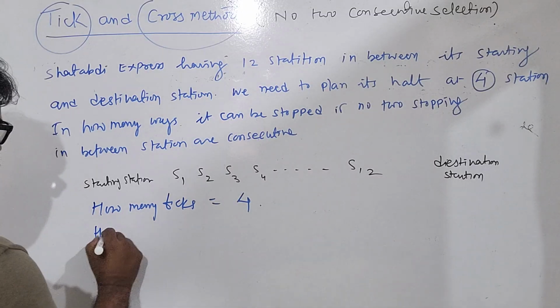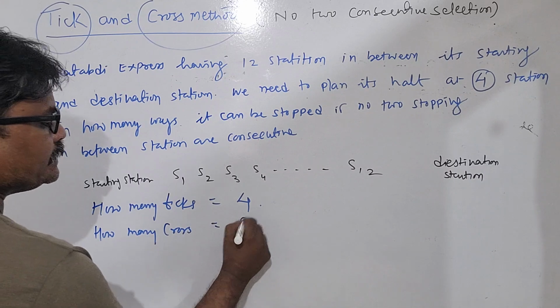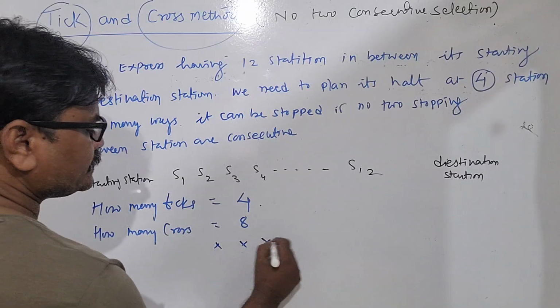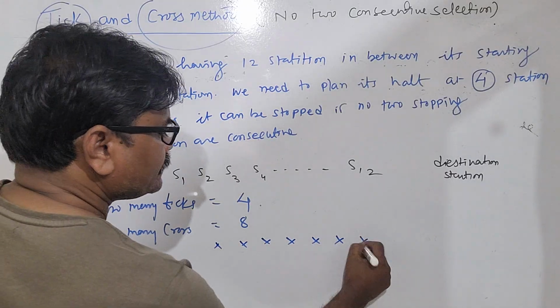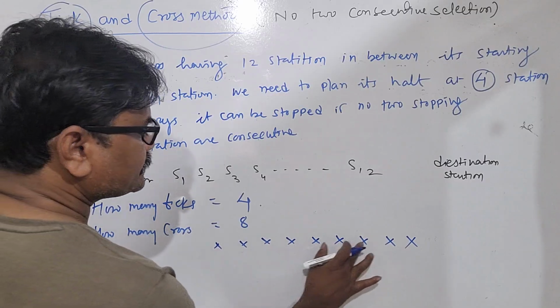And how many crosses? There will be 8 crosses. So 8 crosses can be arranged in a single way. 1 2 3 4 5 6 7 8.